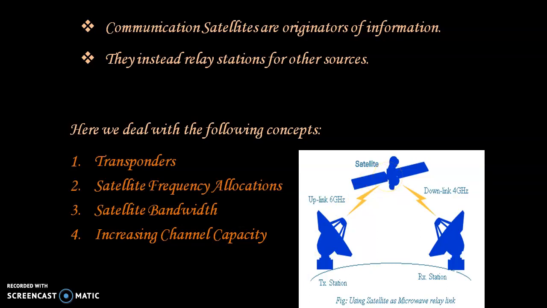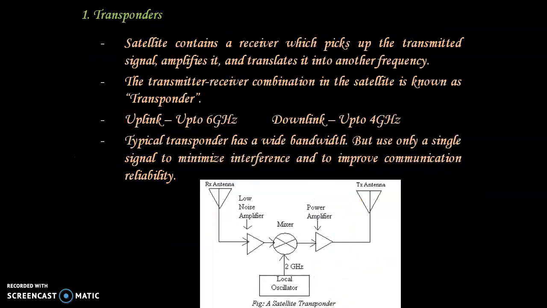The receiving earth station will receive this signal using a parabolic dish antenna pointed towards the satellite. The signal which is transmitted upwards to the satellite is called the uplink, and it is normally at 6 GHz, and the signal which is transmitted back to the receiving earth station is called the downlink, and it is normally at 4 GHz.